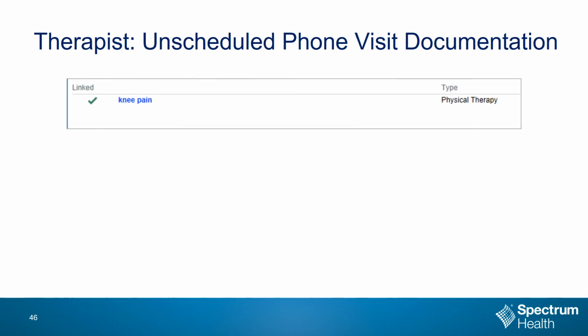Once in the patient's chart, link the episode of care to the visit if there's an episode of care created for your discipline. Linking the episode of care will allow us to track these types of visits with the episode of care functionality in Epic when the patient returns to the clinic for in-person visits again.